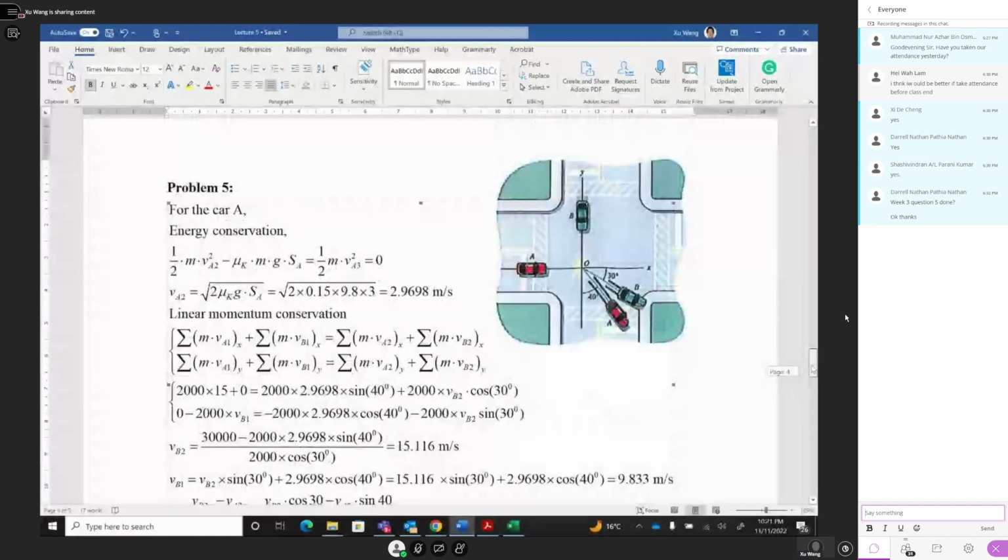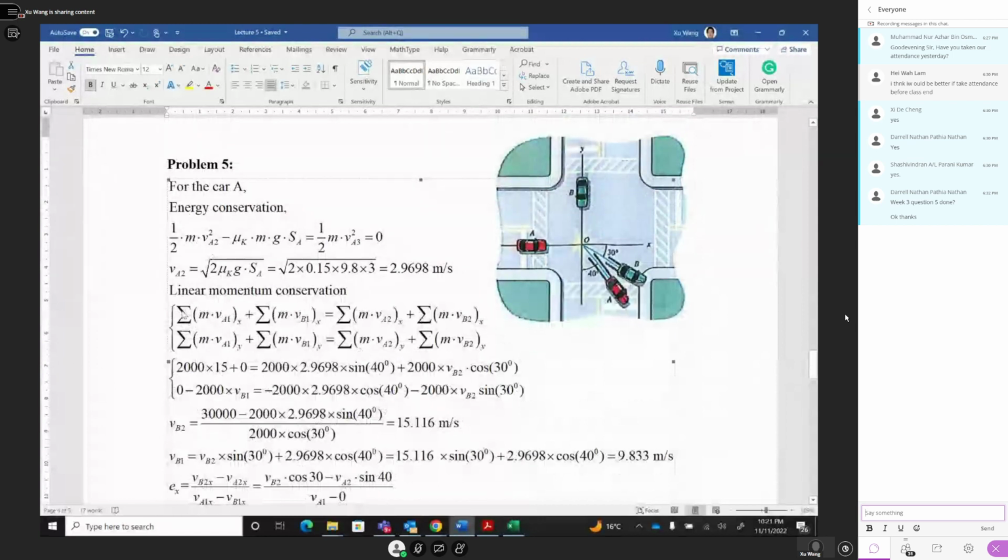So the principle for this one, you have to use conservation of momentum in the x direction. Before impact momentum in the x direction, after impact momentum in the x direction. So in the y direction, before impact y-direction momentum and after impact y-direction momentum should be equal to each other. Then you get two equations, and from these two equations you can solve VB1 and VB2, right?